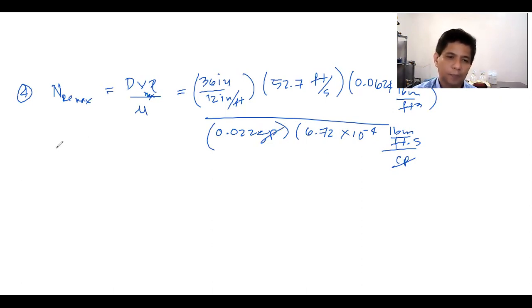You're supposed to get N Re max equal to 3 times 52.7 times 0.0624 over 0.022 times 6.72 times 10 to the minus 4, which is 667,305. In the book, it is rounded up to 670,000.